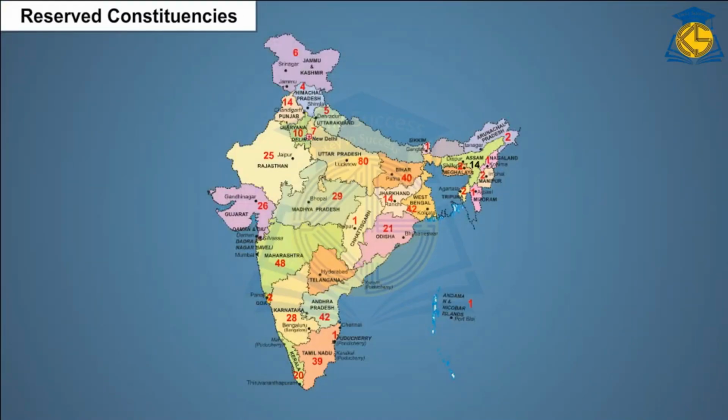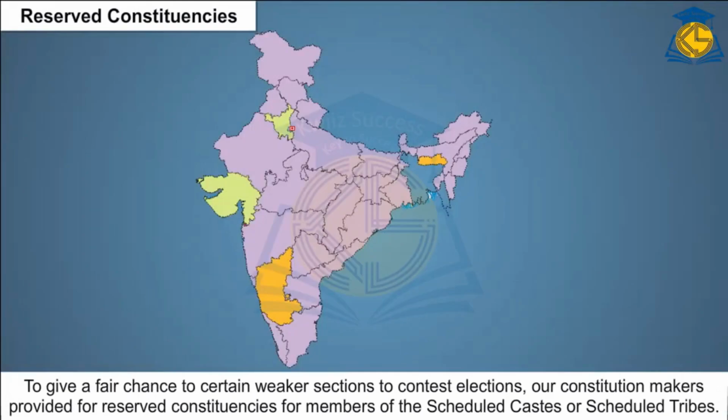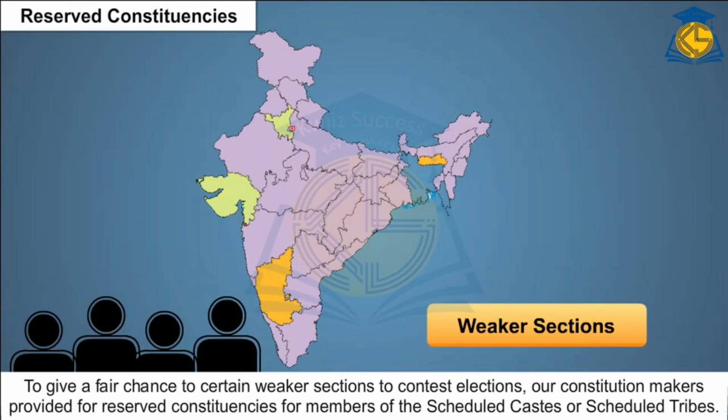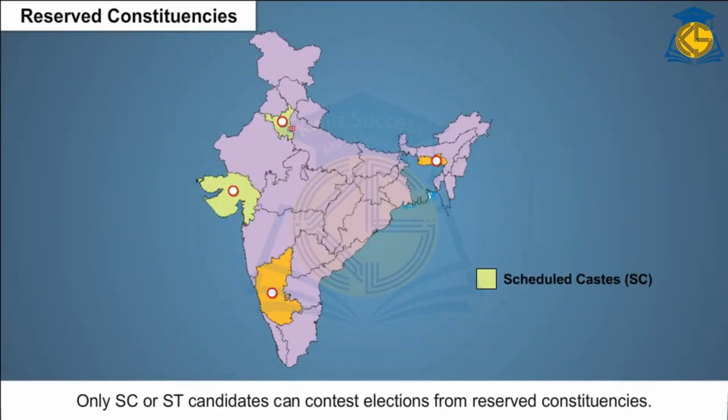Reserved constituencies. To give a fair chance to certain weaker sections to contest elections, our constitution makers provided for reserved constituencies for members of the Scheduled Castes or Scheduled Tribes. Only SC or ST candidates can contest elections from reserved constituencies.